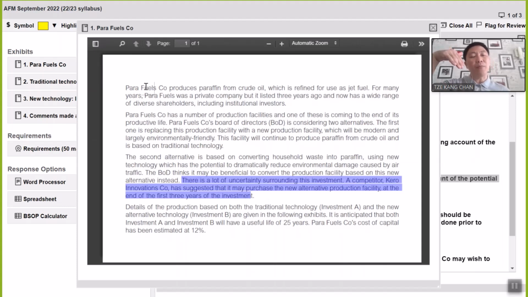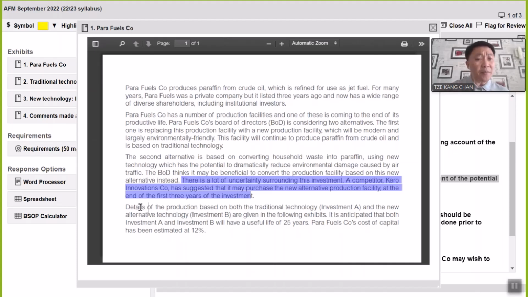From Parafield's viewpoint, that is the right to abandon, that is, the right to dispose of the project to the competitor. So now we know what exactly the offer is about. It is a right for Parafield to abandon the project. That seems to be a put option embedded in investment B.